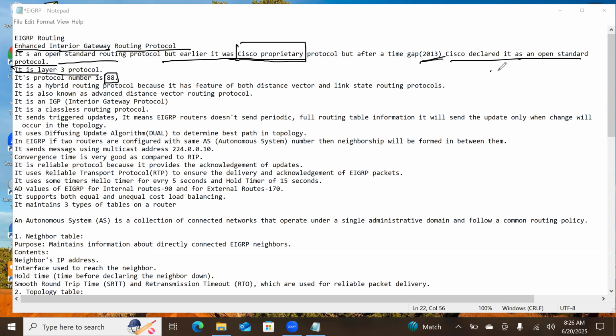Let me tell you one thing: port numbers and protocol numbers are really important. Port numbers allow you to know which services are being used, in the transport layer.